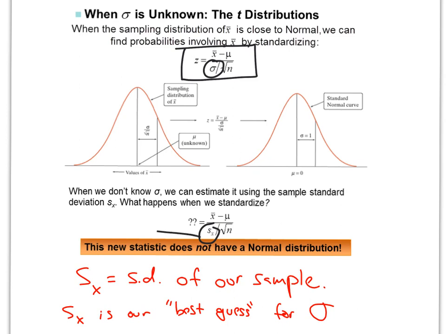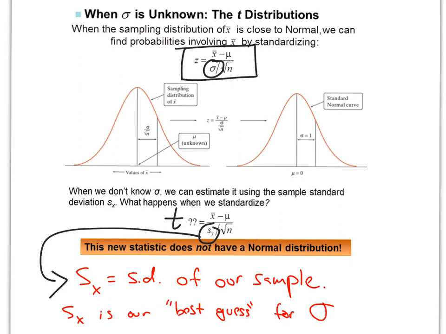Okay, now notice down here, s is the standard deviation of the sample that we took. Okay? That's not sigma, but if we sampled well and sampled randomly, s should be pretty close to sigma. Okay? Now, it may not be the exact same, so we can't use the Z distribution anymore, but this is where the T comes from.